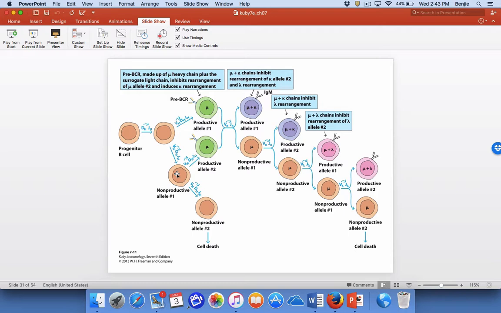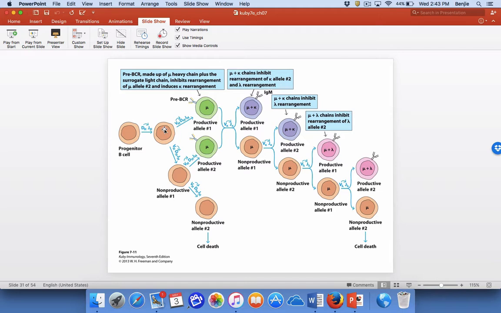So there's a lot of apoptosis that can go into this. So we have a progenitor B cell, and it's going through heavy chain rearrangement. You know it's heavy because there's a D there. And it's becoming a naive B cell. That's the process.